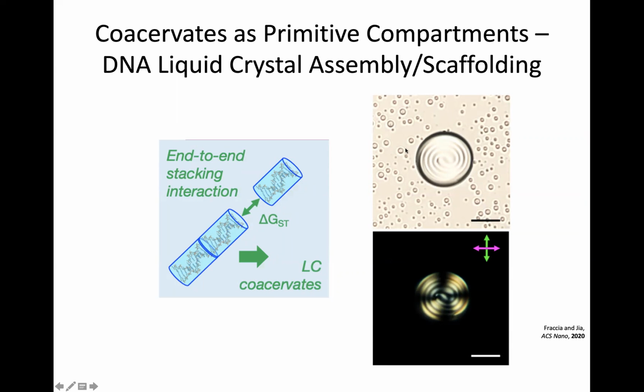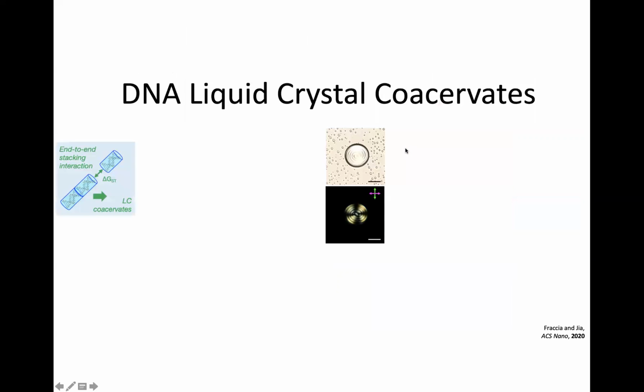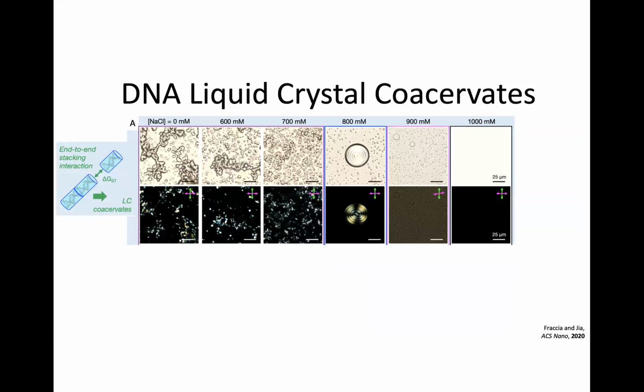We noticed that these conditions are fairly narrow. Here we did a sodium chloride titration, and we noticed that the assembly of a liquid crystal coacervate only occurred at a very narrow range of salinities. We believe this is because at lower salinities, as you see on the left, the DNA and the peptide are likely interacting much more strongly, resulting in, for example, solid-like precipitate formation.